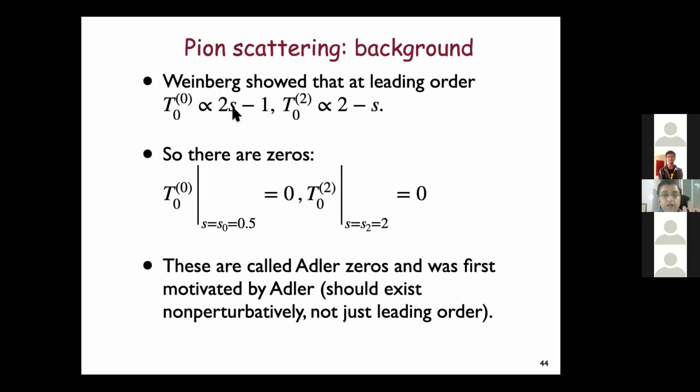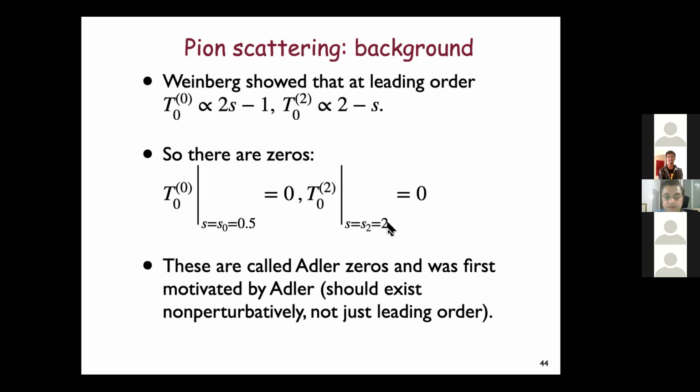So the isospin 0 amplitude vanishes at s equal to half, and the isospin 2 amplitude vanishes at s equal to 2. So this is the lowest order chiral perturbation theory result. That's what you must mentally remember: S0 is 0.5 and S2 is 2 to leading order in chiral perturbation theory.